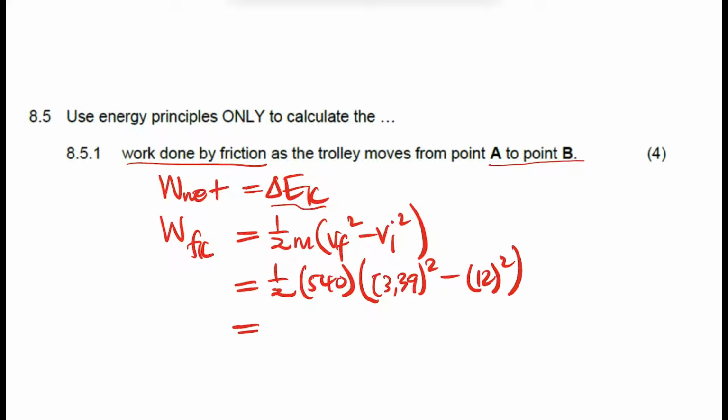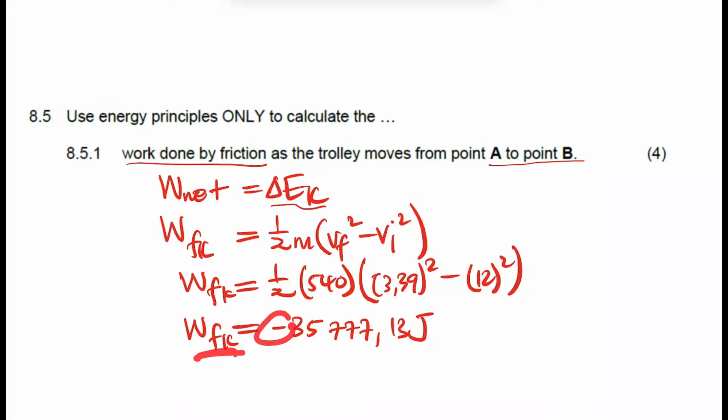If you punch everything in the calculator, the answer that you should get is negative 35,777,13 joules. Guys, surely you should have anticipated that the work done by friction should be negative, right?